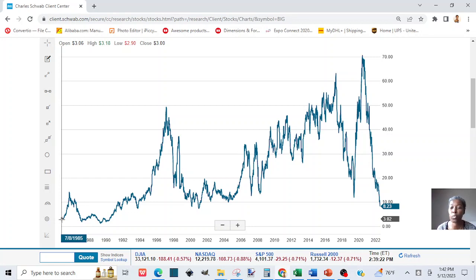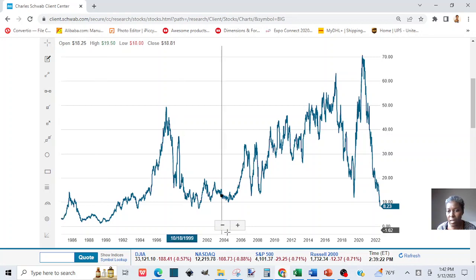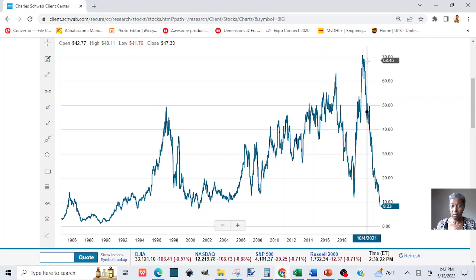It was selling for $3.02, and today it is about $8. When it reached $70 at some point, it's fluctuating quite a bit.